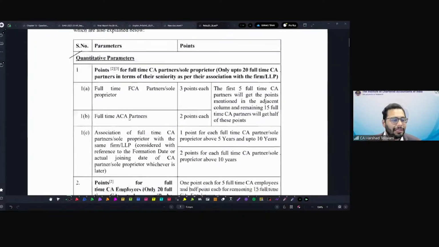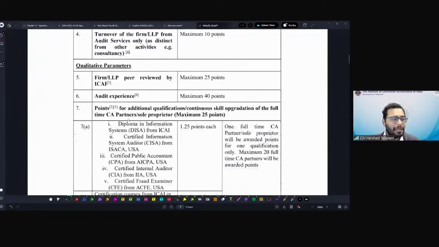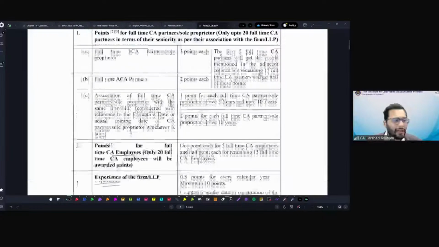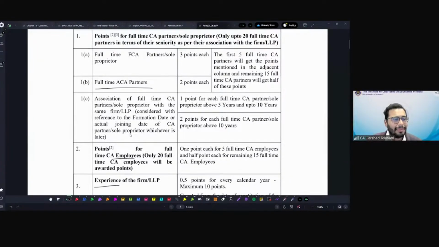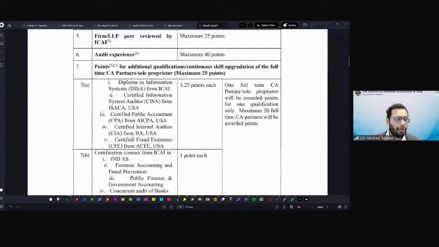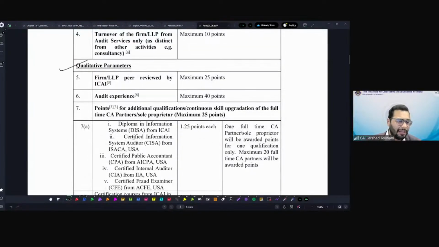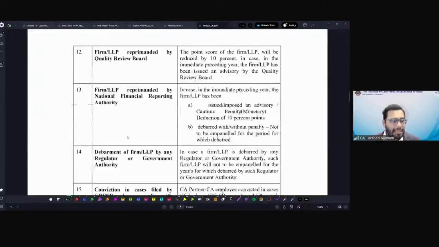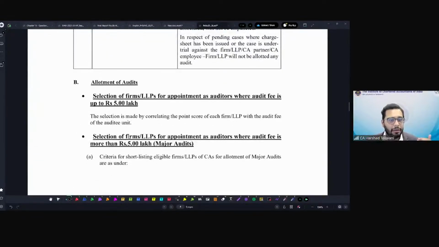Quantitative parameters and a lot of things are given. Experience. So experience is there. CA employees related criteria, full-time ACCA partners, full-time FCA partners. A lot of things are there. Okay, for the criteria, qualitative criteria are there. Sorry. Then these are certain criteria which are given, and audit fee is given.